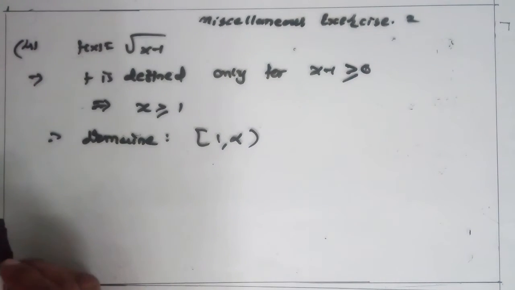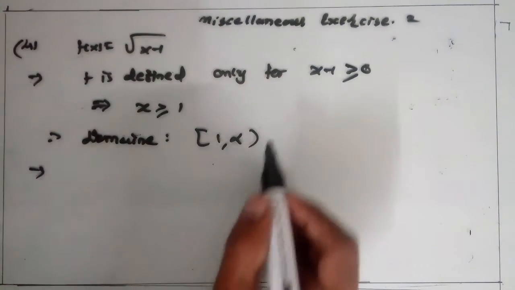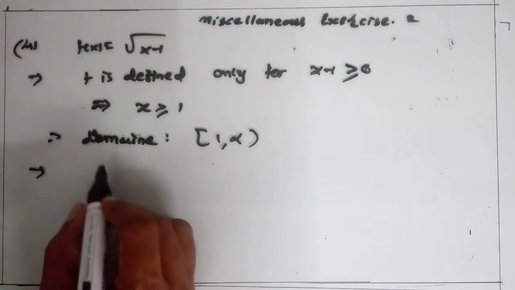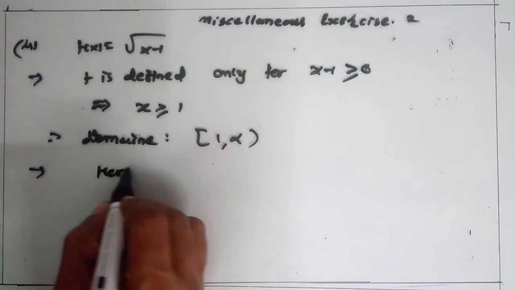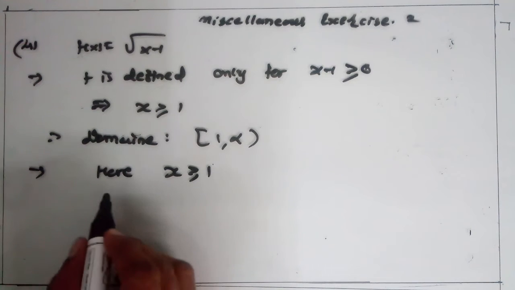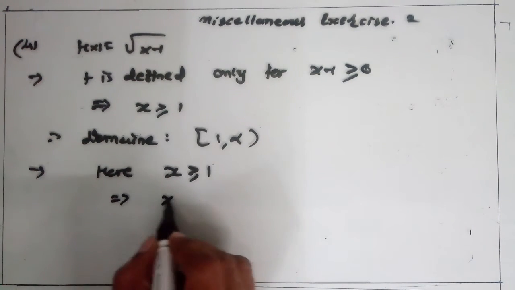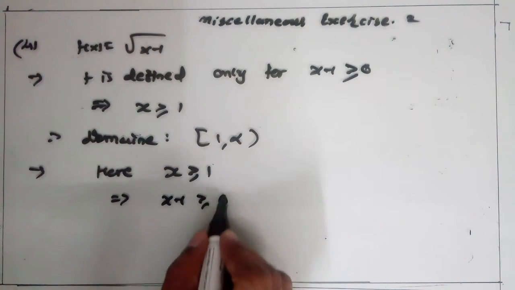Clear? Now what do you say about the range? Here from the domain, x is greater than or equal to 1. So this implies x minus 1 is greater than or equal to 0.